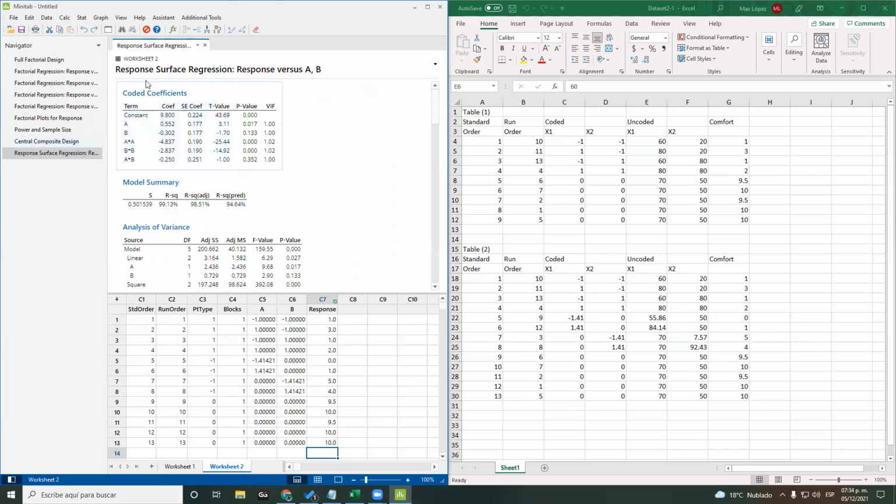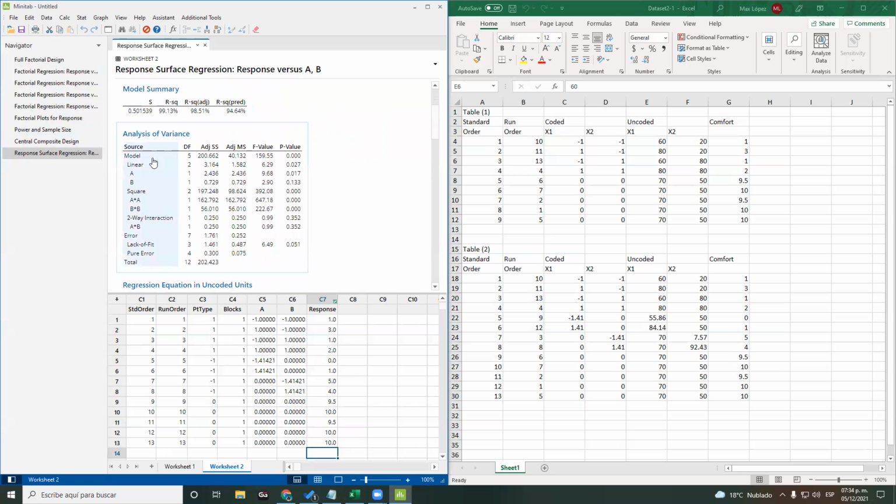Okay, so now here in the coded coefficients table, we can see that our highest effect is AA with 4.837, and our lowest effect is 0.25. So we have a nice standard deviation of 0.5, and R squared and R squared adjusted at 99% and 98%.